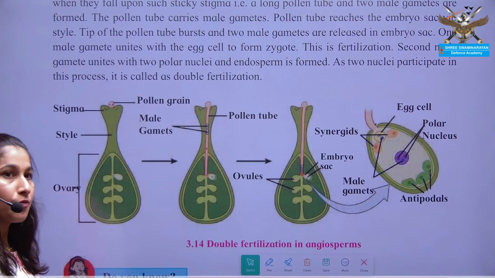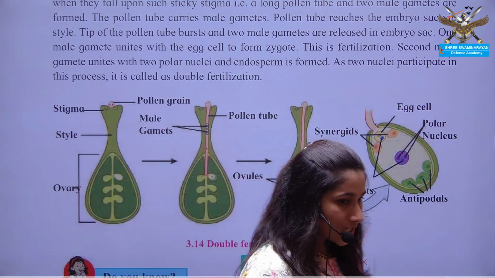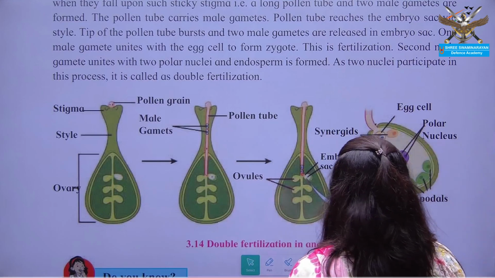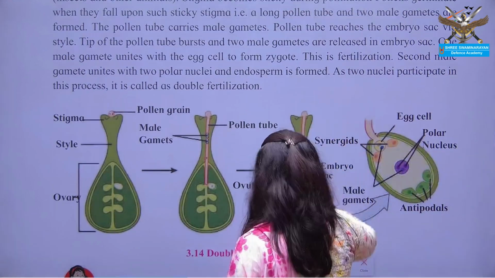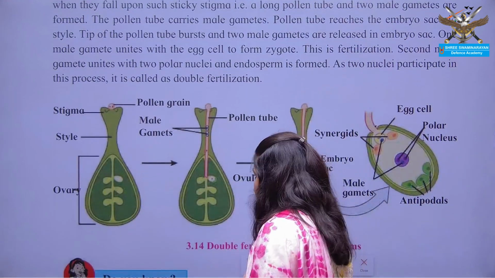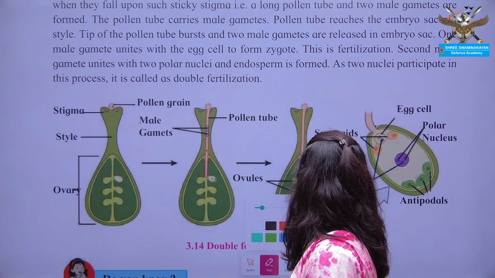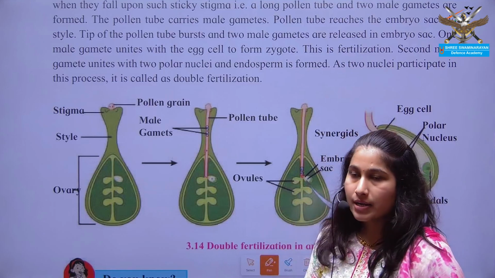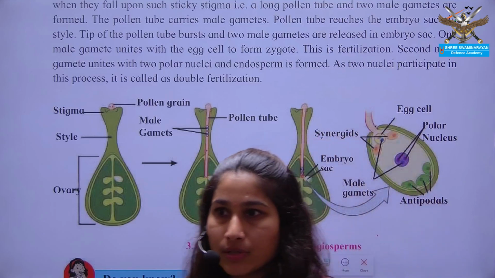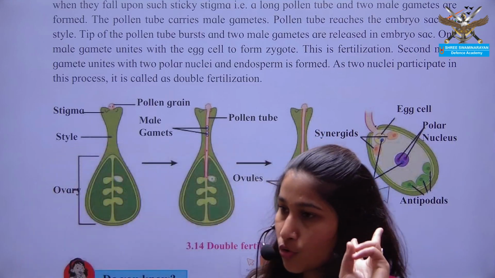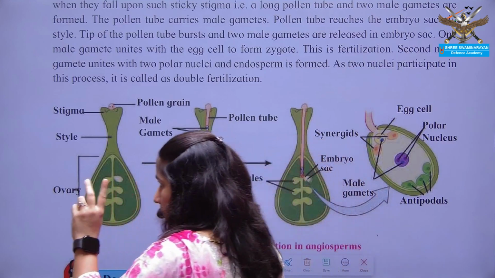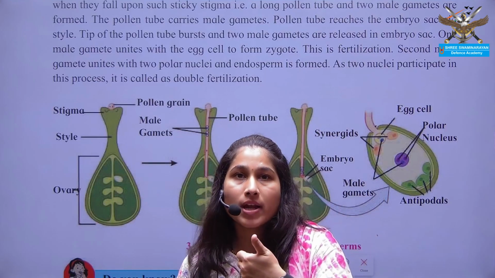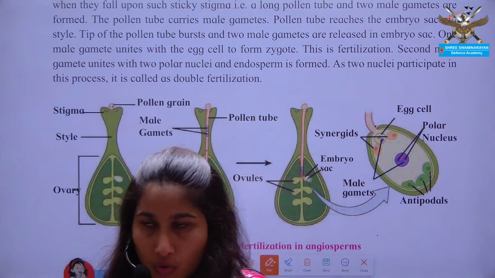So how does fertilization or sexual reproduction occur in these plants? We will try to understand sexual reproduction in plants. So till now you have understood that sexual reproduction involves two main, essential whorls, that is androecium and gynoecium. Androecium's individual member is known as stamen. Gynoecium's individual member is known as carpel.